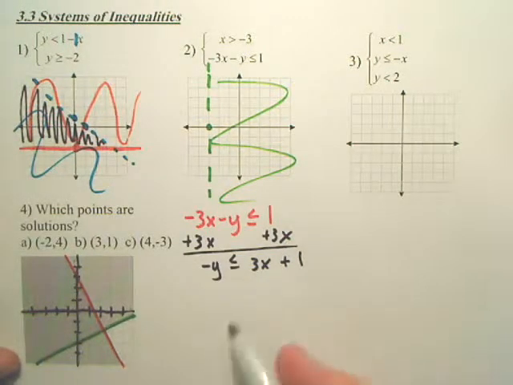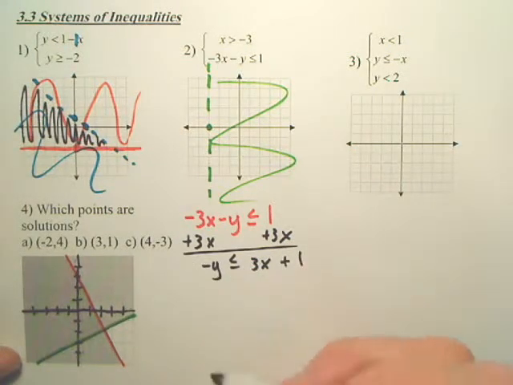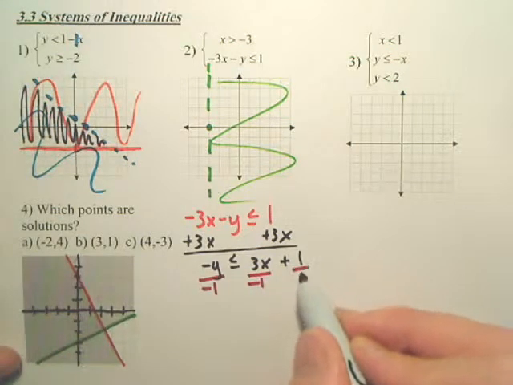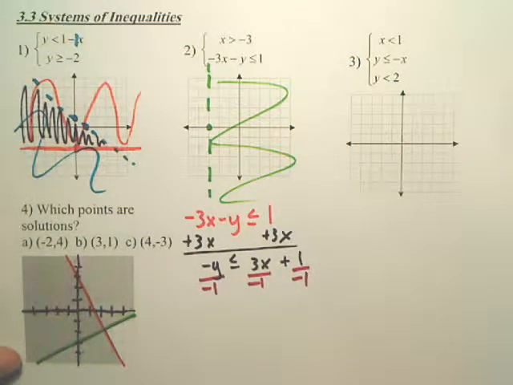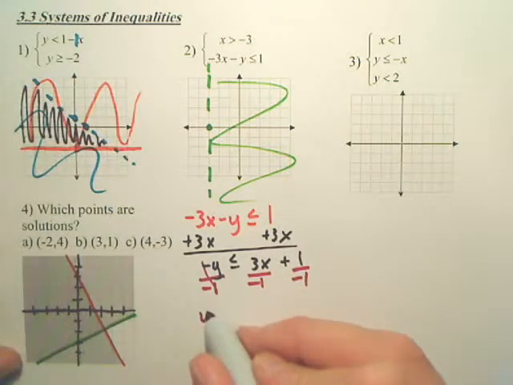Next, I want to get the y without the negative in front. So to undo a negative, you divide by negative 1. So you end up with y.